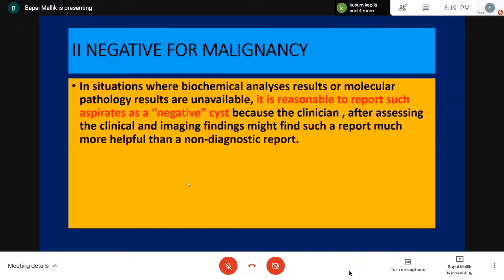If you do not have results of biochemical analysis or molecular pathology, it is very reasonable to report such aspirates as a negative cyst, because the clinician, after he or she assesses the clinical and imaging findings, might find such a report much more helpful than just calling it a non-diagnostic report. So even if you're working under limited circumstances, you can say, this is what I see and it's a negative cyst. I did not find any atypical cells. Let the clinician make the rest of the decision.